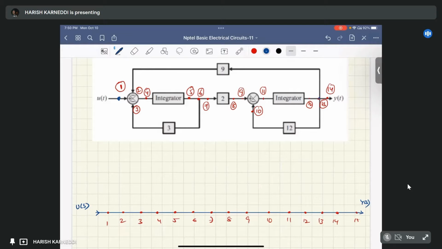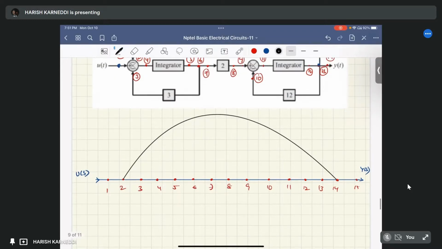Okay, a loop is connected in between node 14 and node 2. We are connecting a loop from 14 to node 2, in this direction, right?